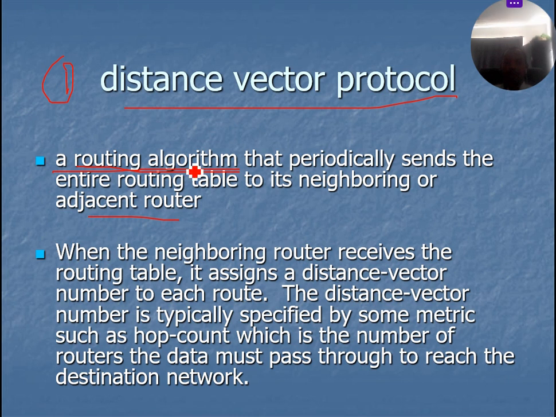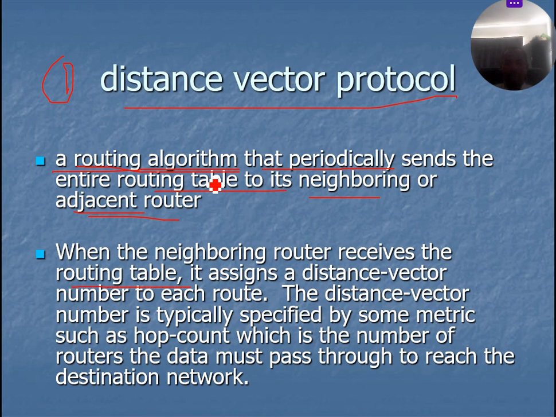So a distance vector routing protocol is a routing algorithm that periodically, from time to time, sends the entire routing table to its neighboring or adjacent routers.